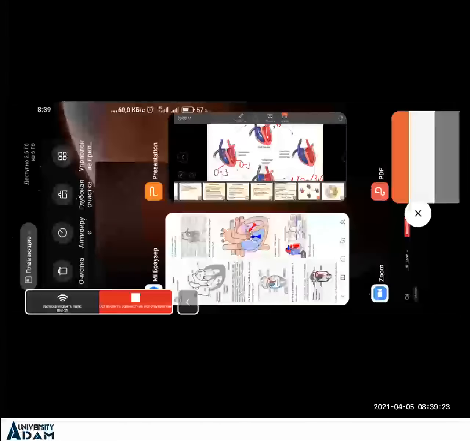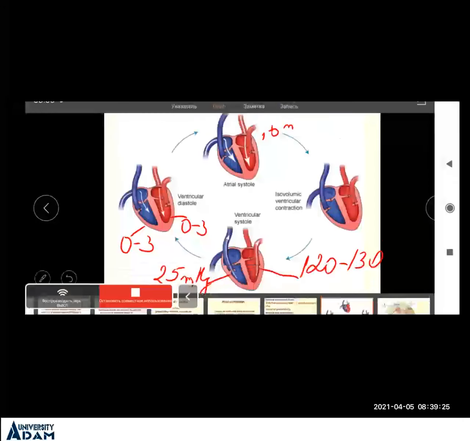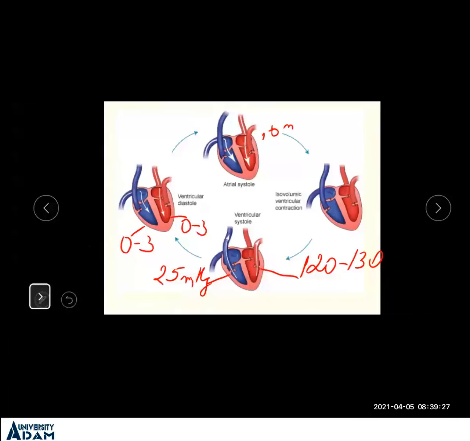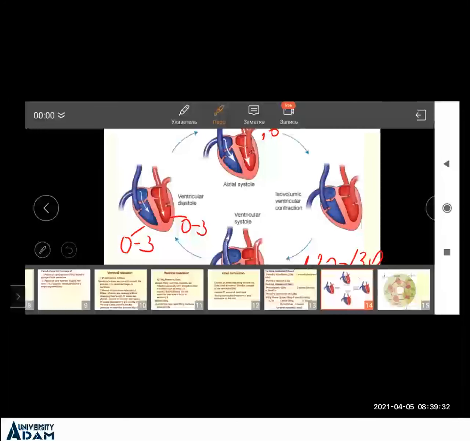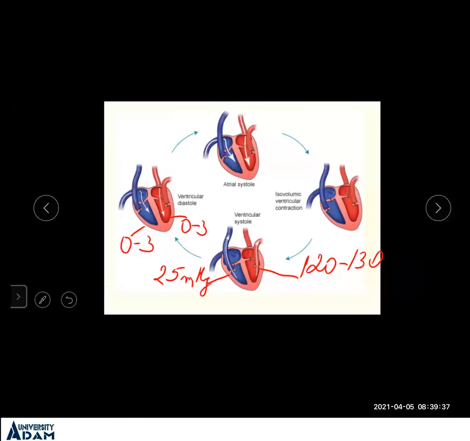During diastole in ventricles it is 4 to 8, and maximum it can rise to 10 millimeters during systole. During diastole, it is also 0, because muscles relax and pressure decreases.